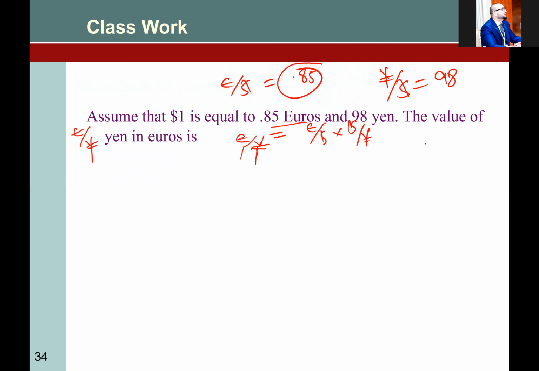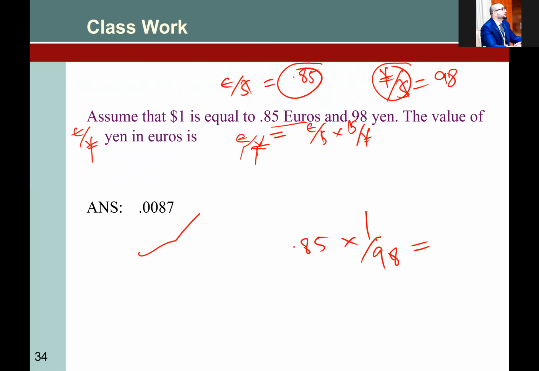Yes, it's 0.85. Do we have dollar over yen? No. It means we need to reverse that one. The answer should be, let me double check, 0.00867. Everybody understand?